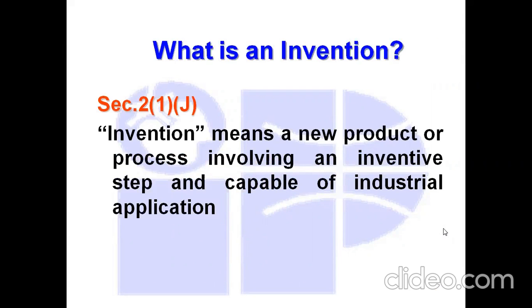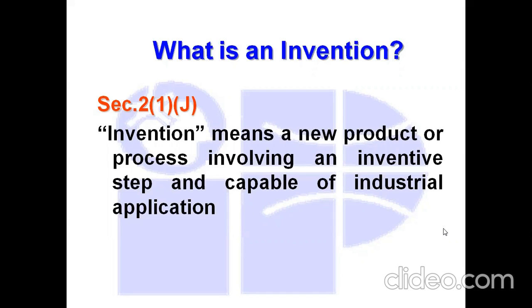We already discussed what an invention is. Invention is defined in section 2(1)(j) of the patent law: a new product or a process involving an inventive step and capable of industrial application, and also societal application.